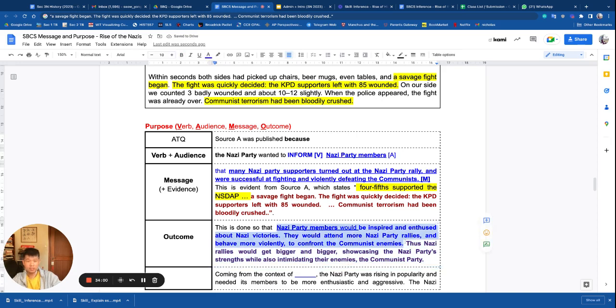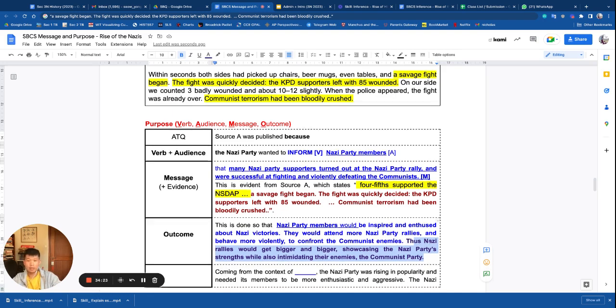The Nazi Party members will be inspired, be enthused, they'll attend more rallies, they'll be more violent. They're like, look, the report said we won. Let's go and fight one more. Let's fight the good fight. Let's win more. They are going to confront the communists. And so the result is bigger rallies, more Nazi events, the influence grows, and the enemies get scared.